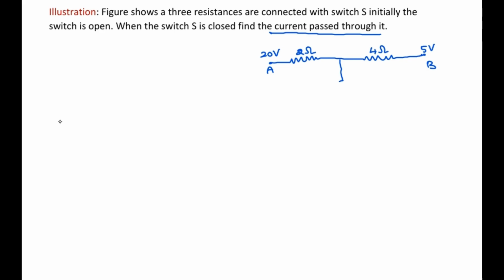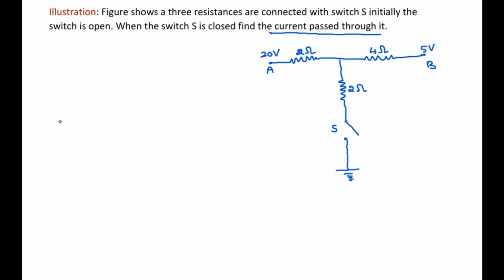And from here one more resistance is taken, and there is a switch which is initially open, and finally the other end is connected to the earth. This is the switch, and this resistance is also 2 ohm. This is the diagram based on the question given.